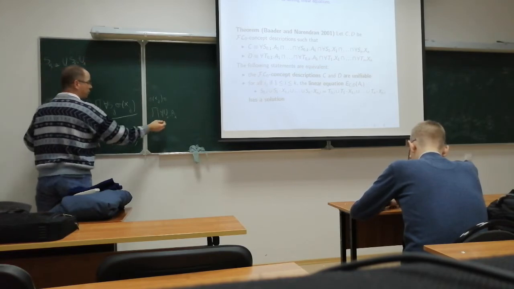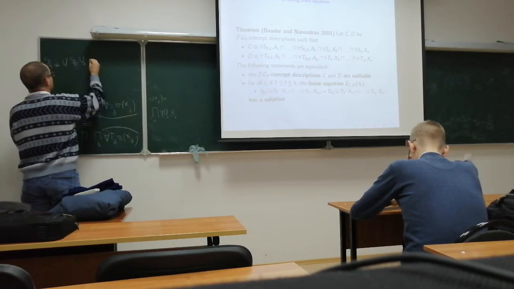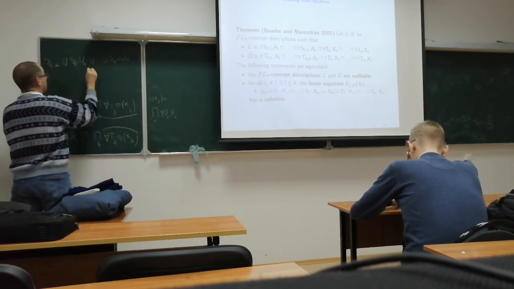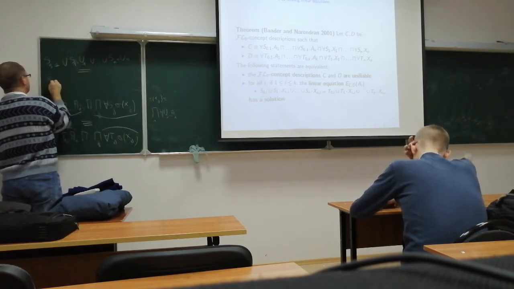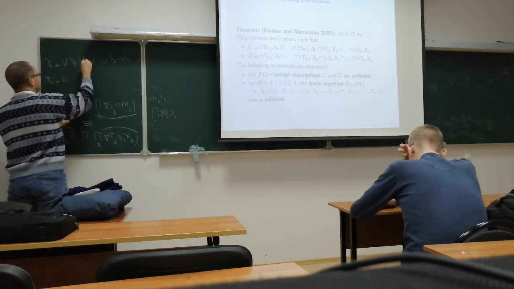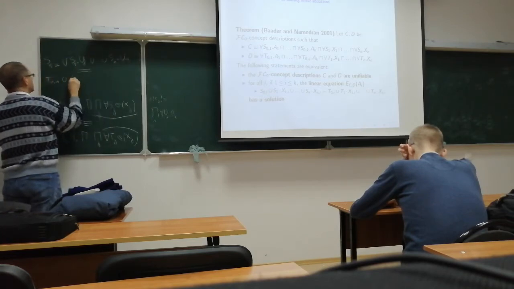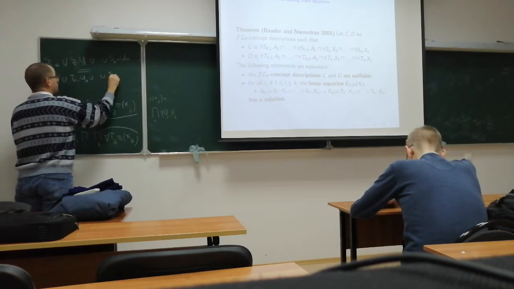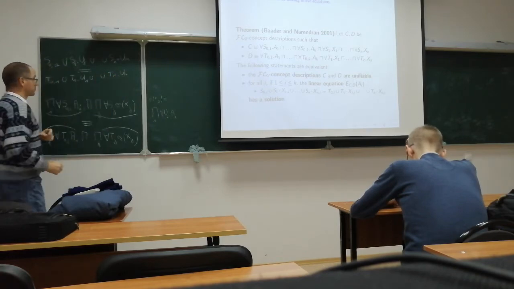With U1 corresponding to A1, union, etc., union Sn concatenated with Un, and this set is equal to T1, U1, etc., union Tn, Un.